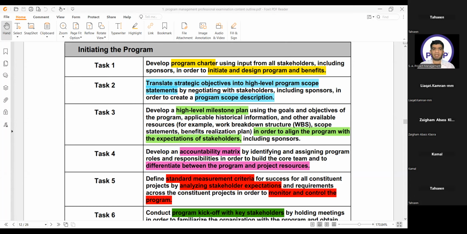Here the keyword is program scope description, which means it will be the program scope statement. But as he is talking about strategic objectives, he is in the initiation phase of the program, so it will be a high-level program scope statement.